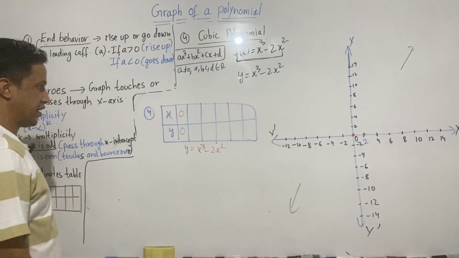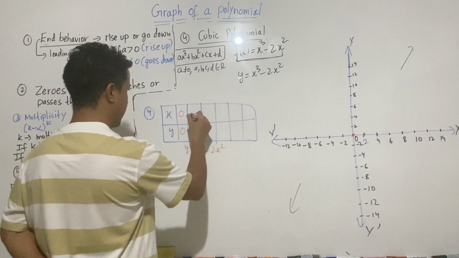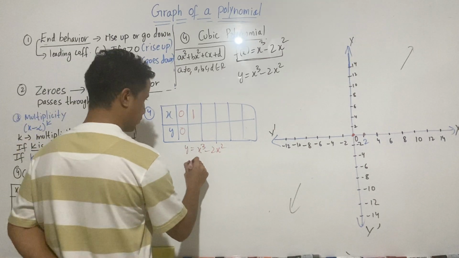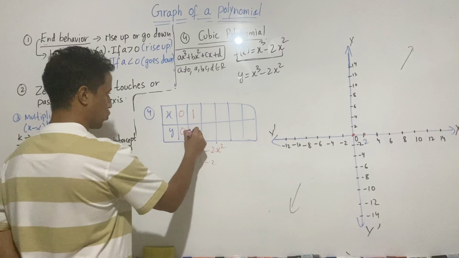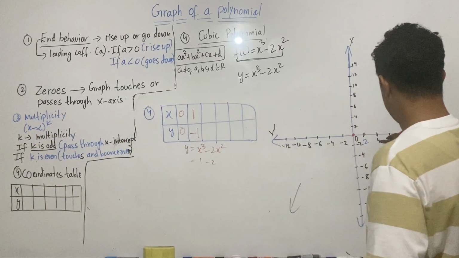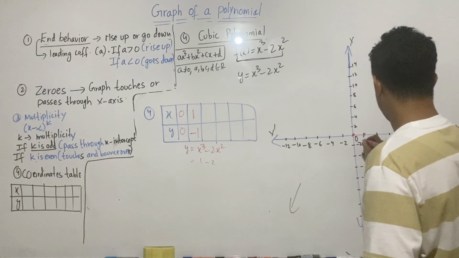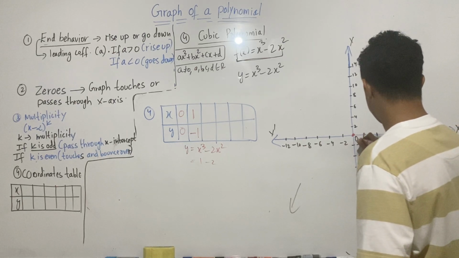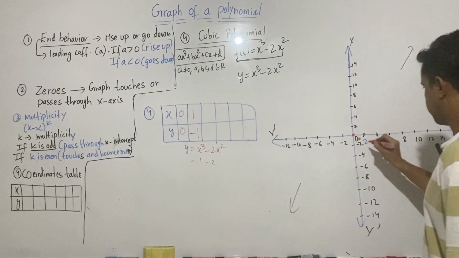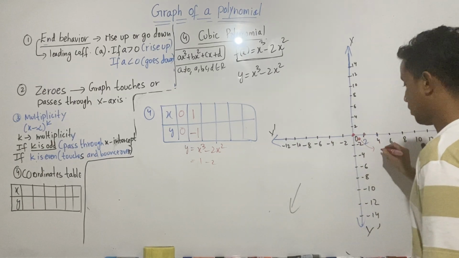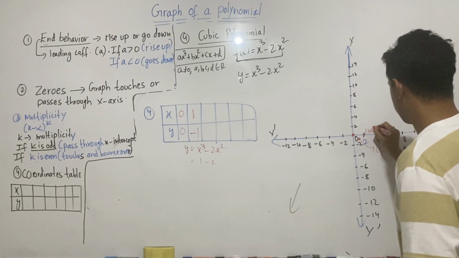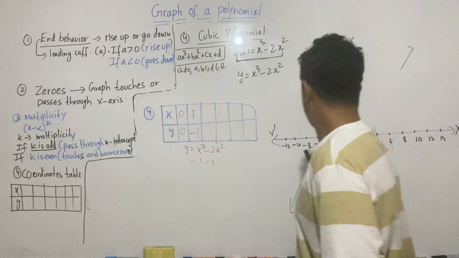This point. If x is 1, then y will be 1 minus 2, which is minus 1. So x is 1, y is minus 1, this point somewhere here. This is 2, 0, and this is 0, 0.